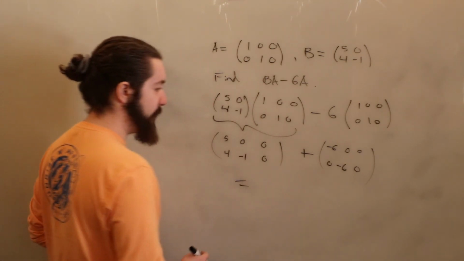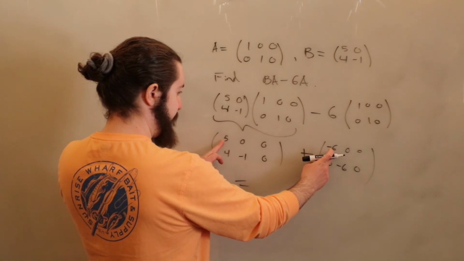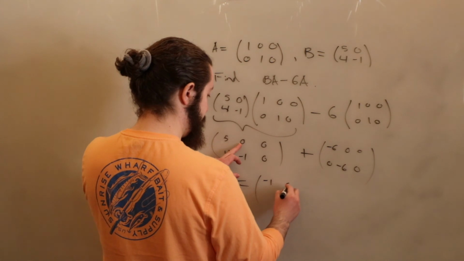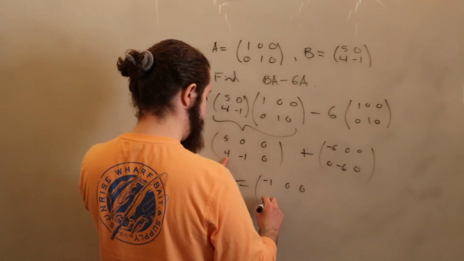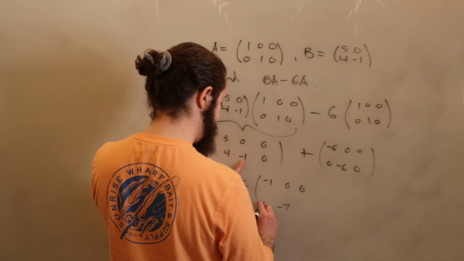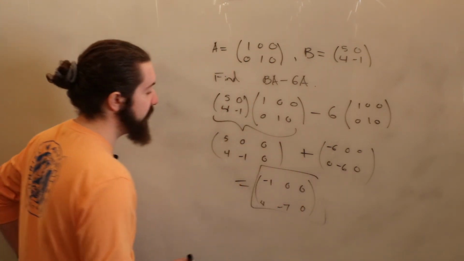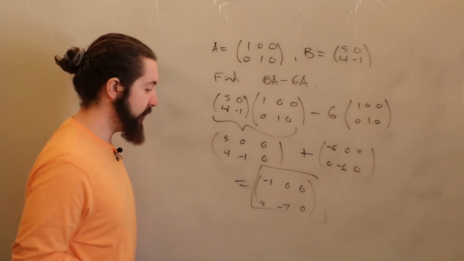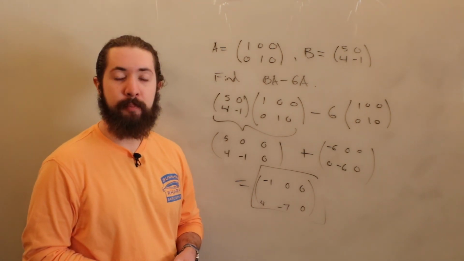Alright, now for our final operation, we're going to add element-wise. So 5 minus 6 is negative 1. Zeros add to 0. 4 plus 0 is 4. Here we're going to have negative 7. And 0 in the last position. So here is our final answer. This is BA minus 6A. And if you can do that, then we're well on our way to being comfortable with matrix algebra.